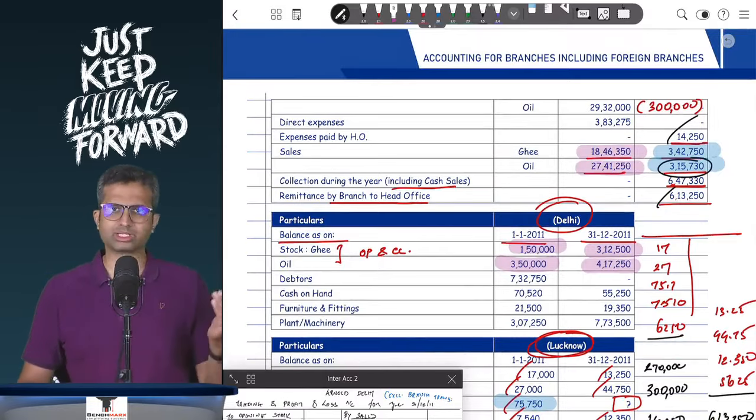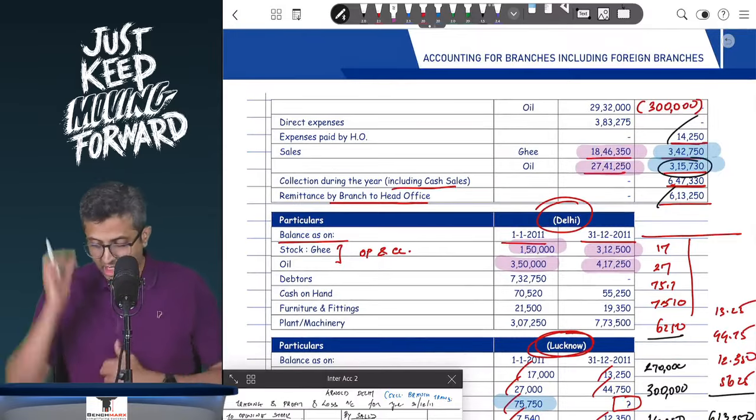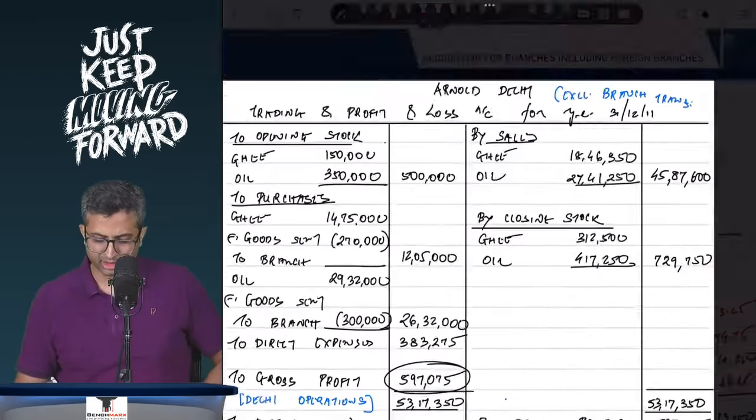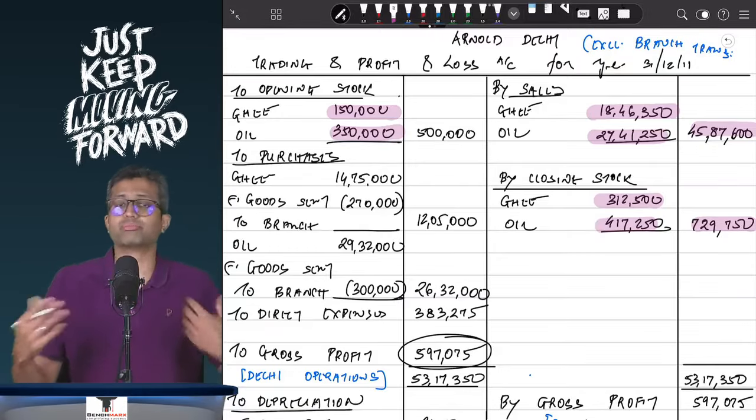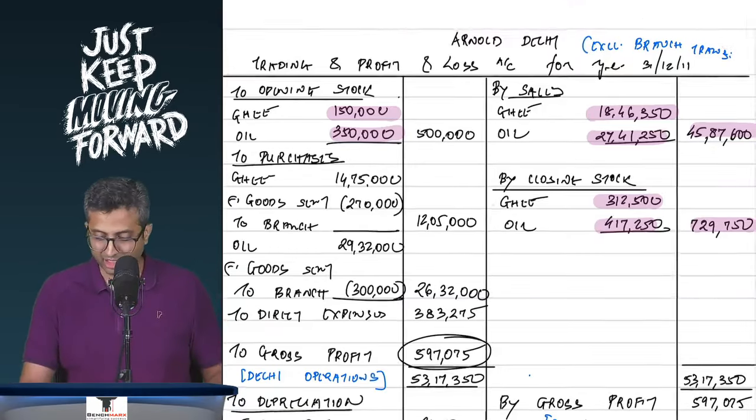Now, there is no other loss, etc., and hence you can try to find the gross profit. So, this is entire sales, entire closing stock, opening stock. Now, the problem is when you have the goods purchased during the year, you have data regarding purchases as well.